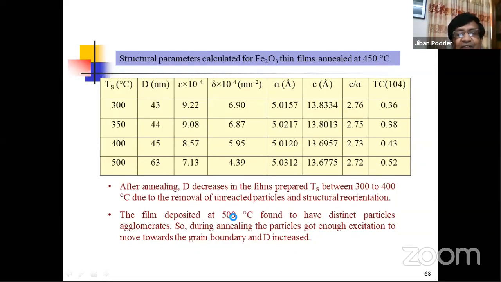But again, the films at 500 have distinct particle agglomerates. During annealing, the particles got enough excitation to move towards the grain boundaries, and the size is increased because of the high temperature. So it is not only that increasing temperature gives you favorable conditions or favorable size. You have to optimize and tune it, depending on the material.